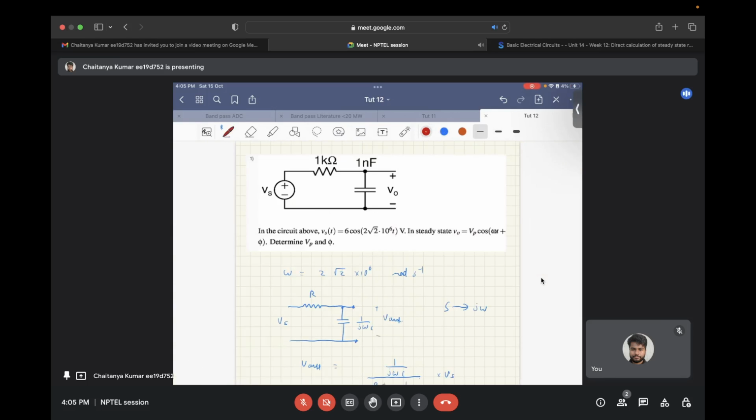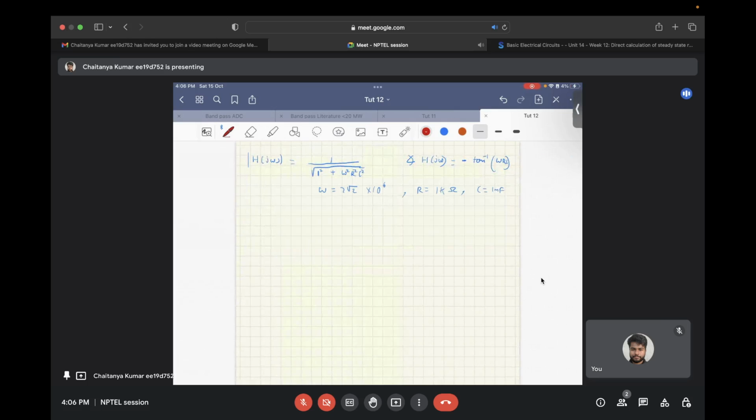The magnitude of the input is given as 6, so the final VP will be 6 into 1 upon square root of 1 plus omega square. Omega square is 4 into 2 into 10 to the power 12 into r square, that is 10 to the power 6, into c square, that is 10 to the power minus 18.